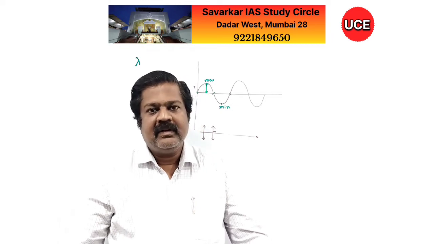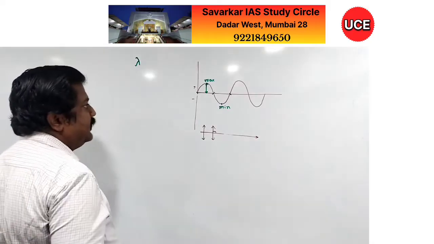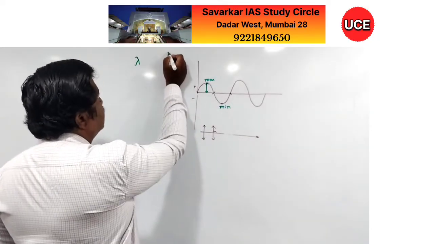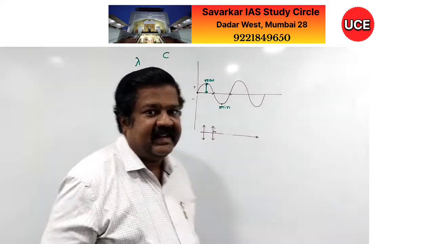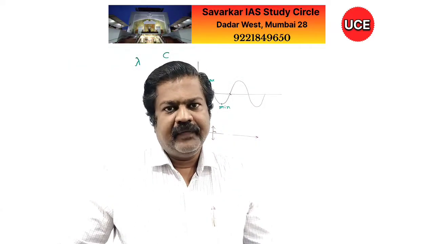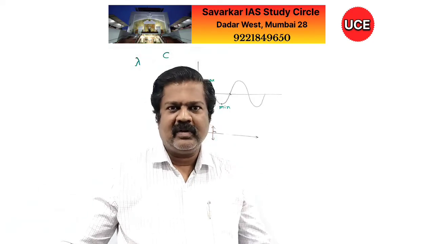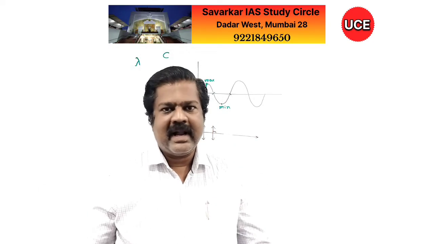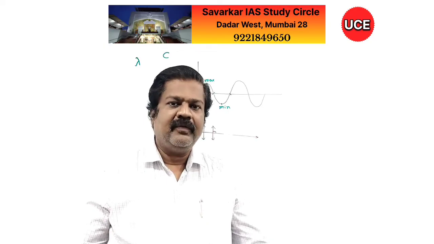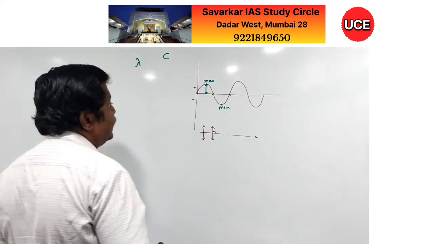This is wavelength. Now speed of light we denote by the letter c, which is approximately 3 lakh kilometers per second. The real answer is something like 2.99, but right now we are considering 3 lakh kilometers per second as the speed of light.